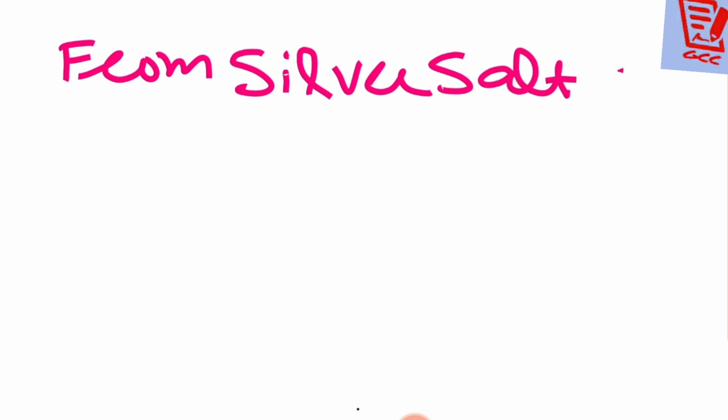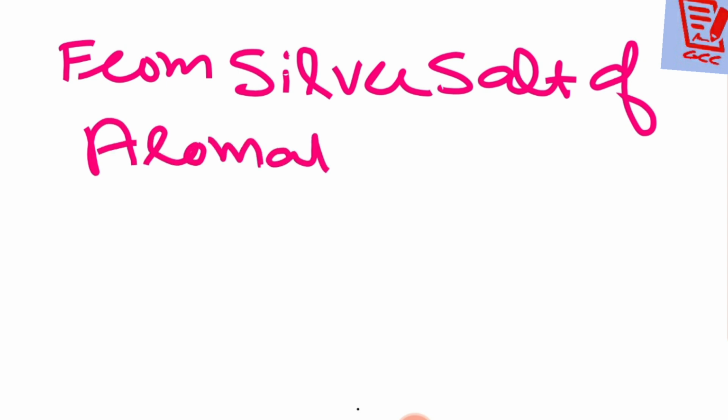Now after that we are going to do the next preparation of haloarene. Another method is called from the silver salt of aromatic acids.